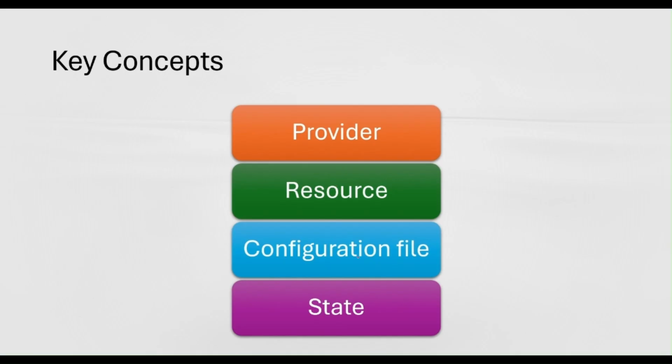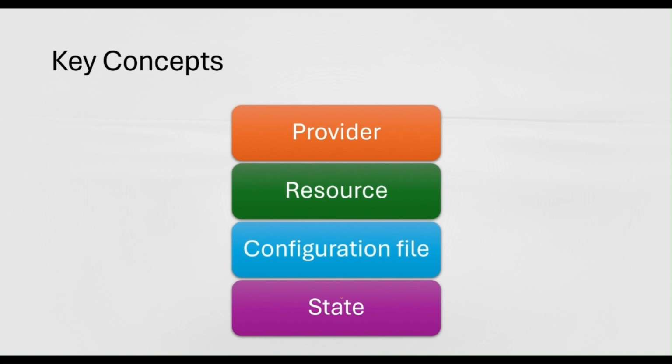Then we talk about a configuration file. This is the code that you write. It is basically everything you put in code to configure all your resources. So all your resources will be listed there. At minimum, you will have a resource in your configuration file. And then you will hear something called a state. State is how Terraform keeps track of what it has to create or has created.